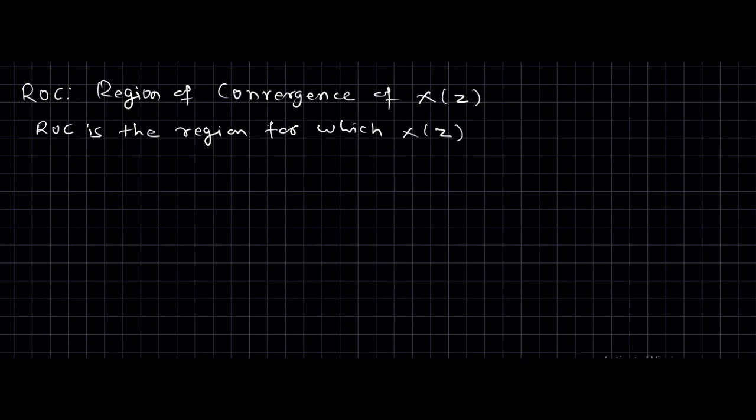In more appropriate terms, the region of convergence of X of z is the set of all values of z for which X of z attains a final value.